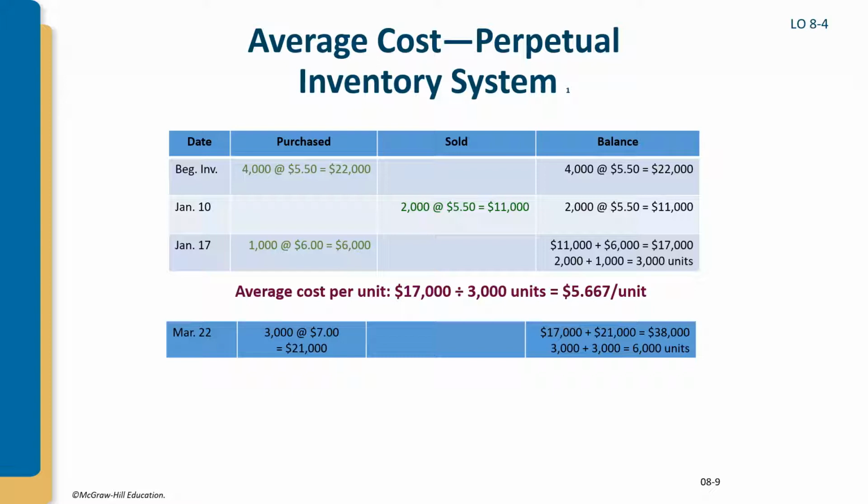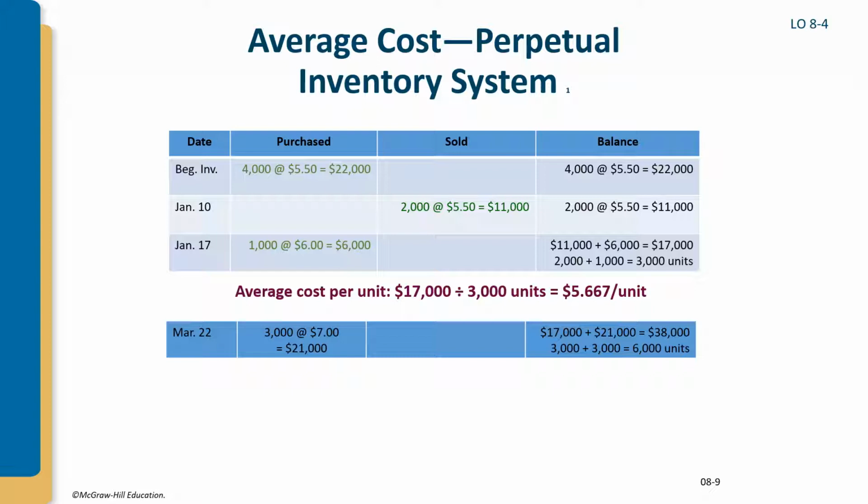On the next purchase date, March 22nd, so remember we do this calculation after each purchase, 3,000 more were purchased. So we're going to add the total cost of those 3,000 to our existing inventory total cost. So on January 17th, we had 17,000 in total cost. We just added $21,000 in cost due to this purchase.